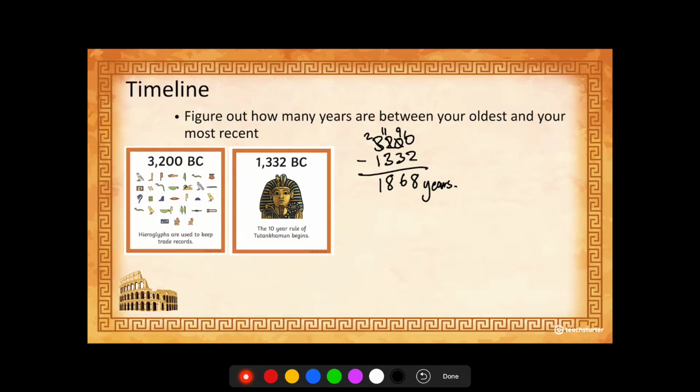Now, just in case, let's pretend that this was AD. What I would do then is I would add them, because it's 3,200 to get to the 0, and then it's 1,332 after the 0. So I would add them then.